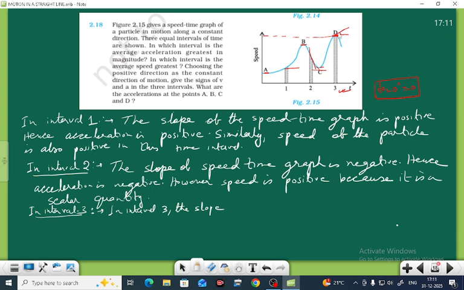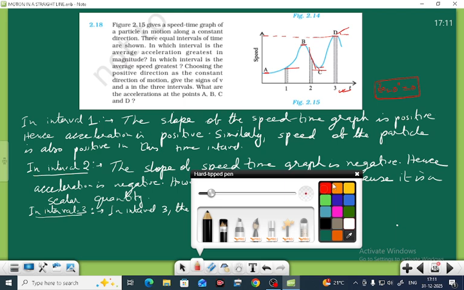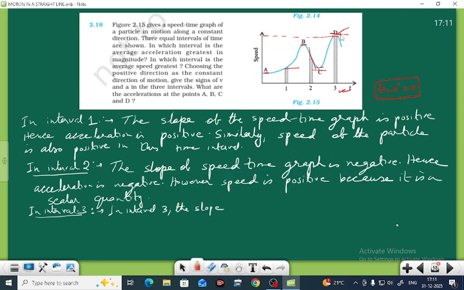You can see the slope is nearly 0. I am finding it at this point, and it is a straight line, so the slope is 0.